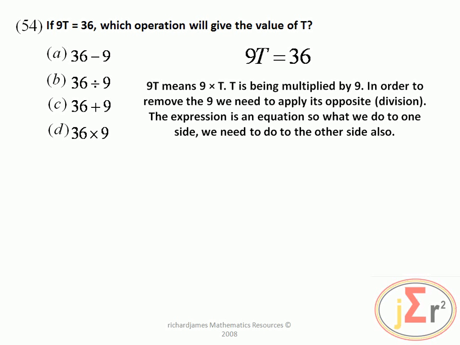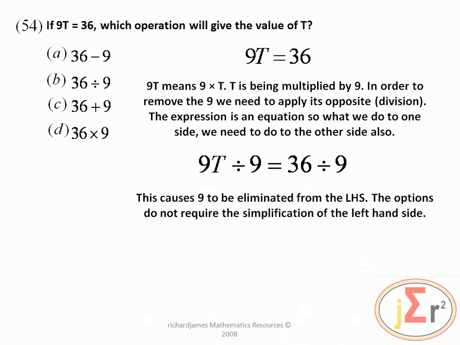In order to remove or eliminate the 9 from the left hand side, we need to apply the opposite of multiplying by 9. And that opposite is divide by 9. The expression is an equation, so what we do to one side, we need to do to the other side. So we need to divide both sides by 9.